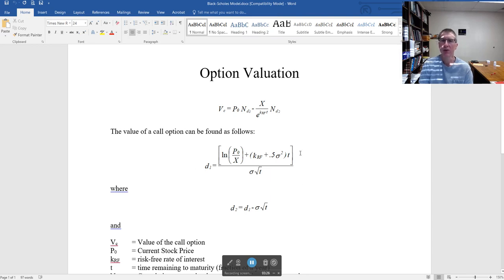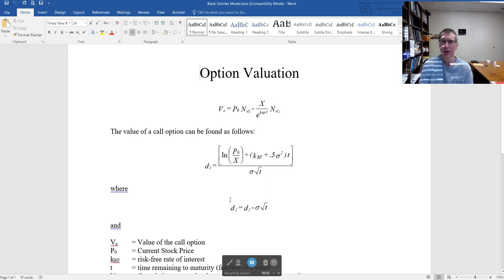The formula for D1 is the natural log of the price over the exercise price, plus the risk-free rate plus 0.5 times the variance, times time. Time is expressed in years, so it's not the number of days, it's the fraction of the year. All of that is over the standard deviation times the square root of time.